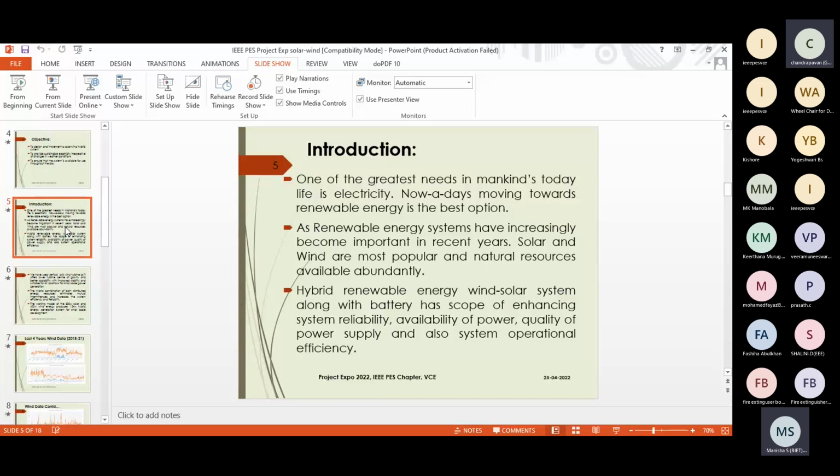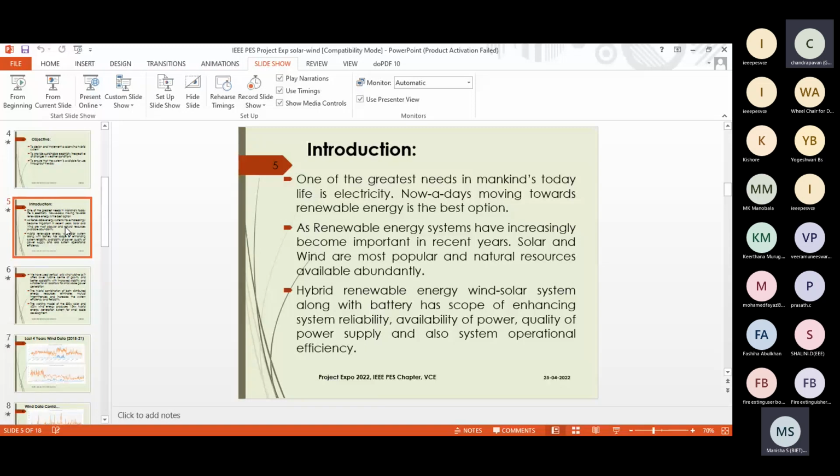Renewable energy systems have increasingly become important in recent years. The most popular renewable energy sources are solar and wind. We have planned to implement solar and wind hybrid systems because they are popular and available abundantly.